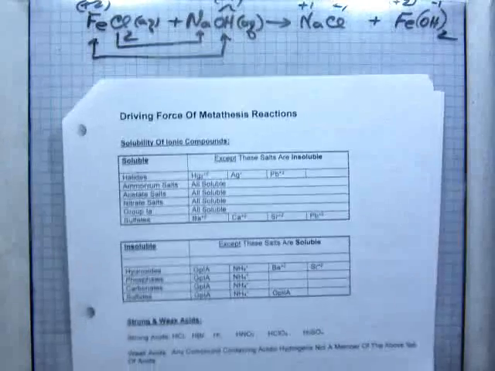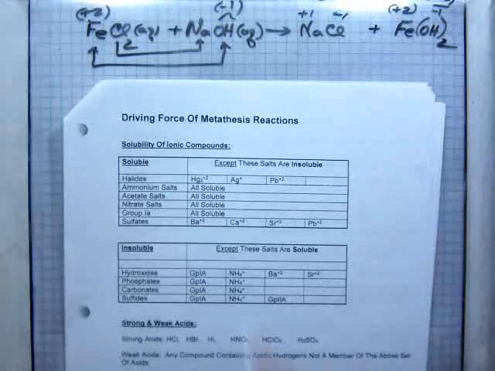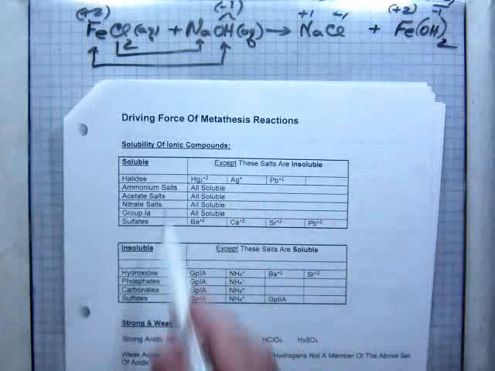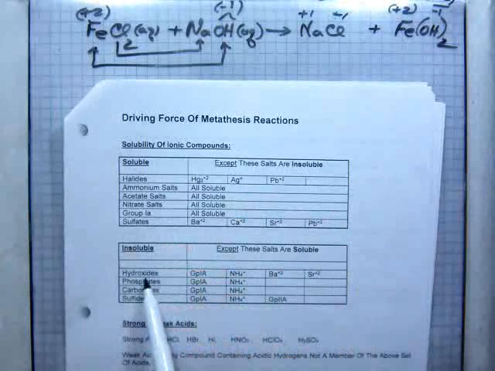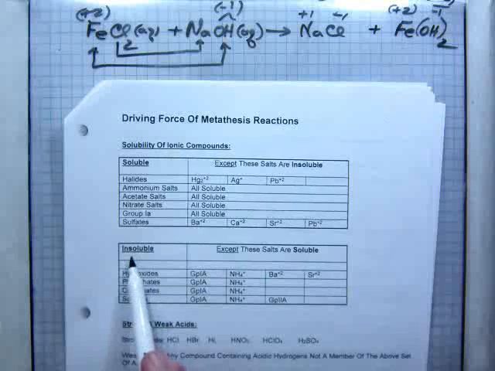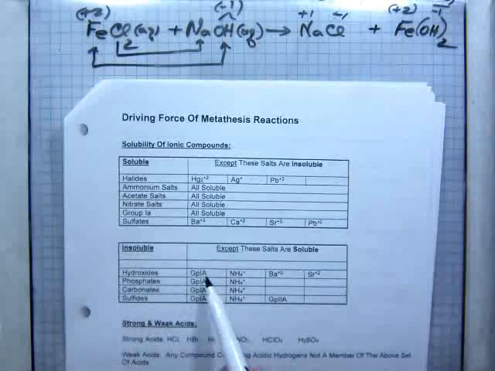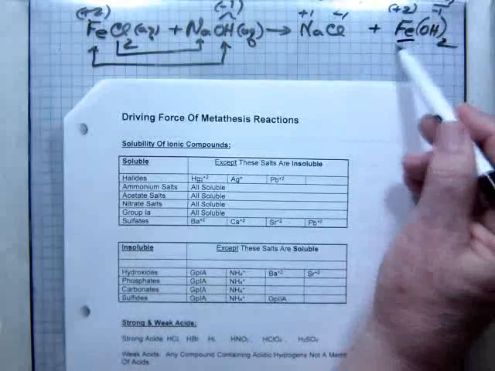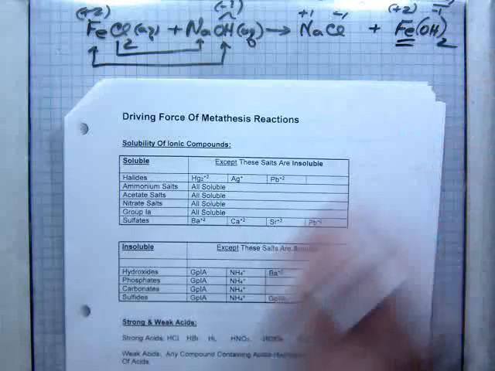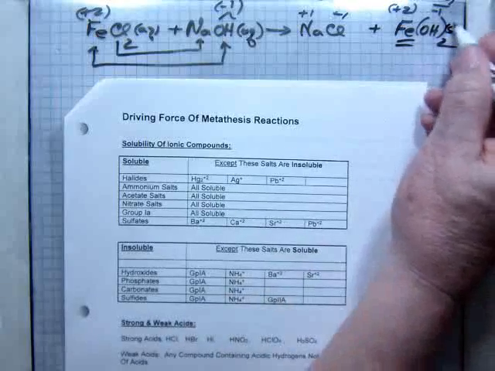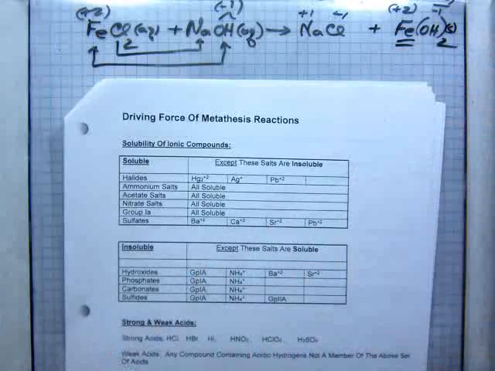So we go to our salt ionic compounds up here, and we find the hydroxide collection. All hydroxides in this column are insoluble and driving forces unless you have a group 1, ammonium, barium, or strontium. Well, neither one of those. So we can say that iron hydroxide is a precipitate and the driving force for that reaction.